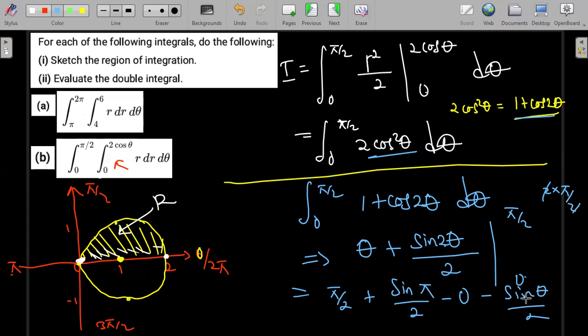Now what is sine 0 and what is sine pi? Sine pi is 0, so this becomes 0. Sine 0 is 0, so this becomes 0. So the only answer I remain with is pi over 2 units squared. That is our answer on B. All right, so for this question, we are done.